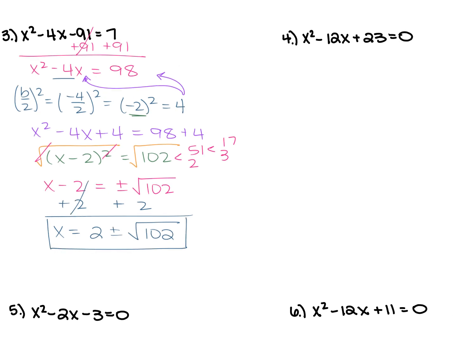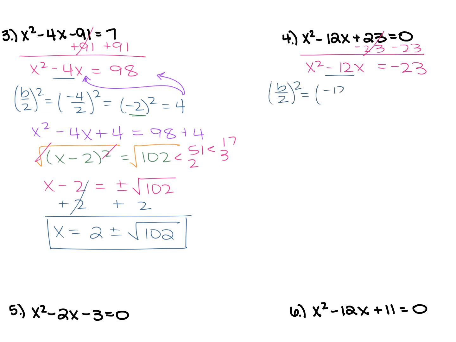For number 4, we have x squared minus 12x plus 23 is equal to 0. For this one, we're going to subtract the 23 over first. That's going to give us x squared minus 12x is equal to -23. From here, we take that -12 and do b over 2 squared.